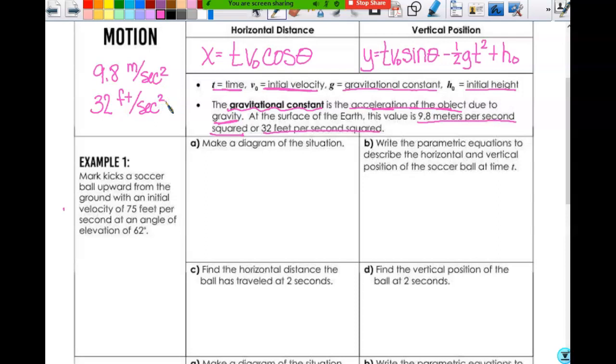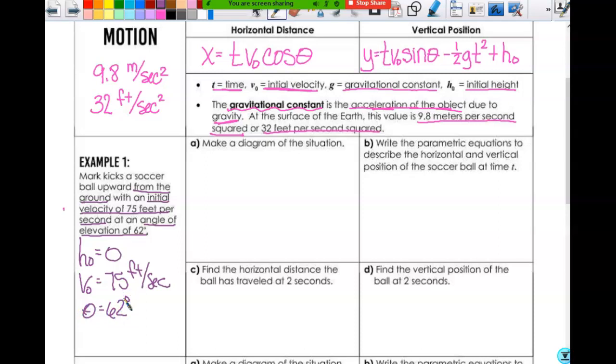All right, so let's read this first example and see what kind of information we can get out of the question here. It says, Mark kicks his soccer ball upward from the ground. So from the ground tells me that the initial height is 0, with an initial velocity of 75 feet per second. So my initial velocity is 75 feet per second, and an angle of elevation of 62 degrees, so theta is 62 degrees.